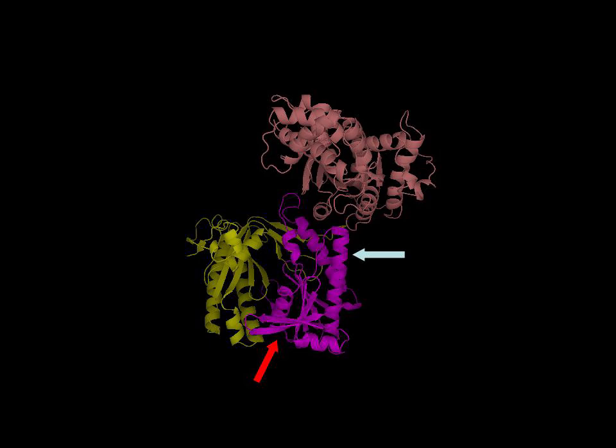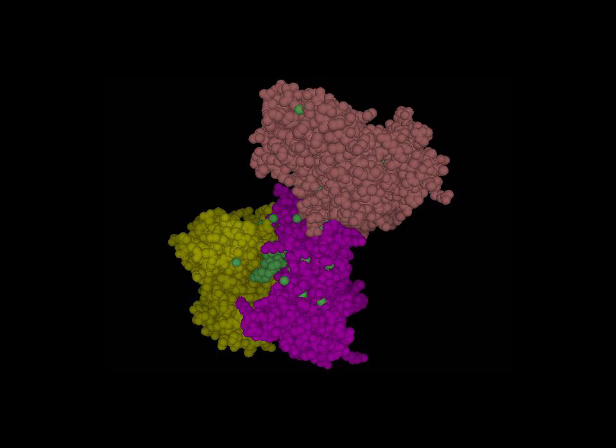Here you can see, indicated with the light blue arrow, an alpha helix looks like a spiral coil, and the red arrow indicates a beta sheet, which is shown by flat arrows crossing each other. This is the van der Waals volume of the protein.